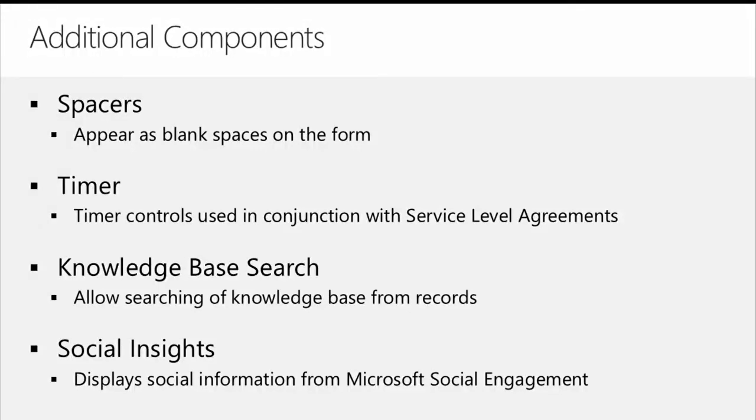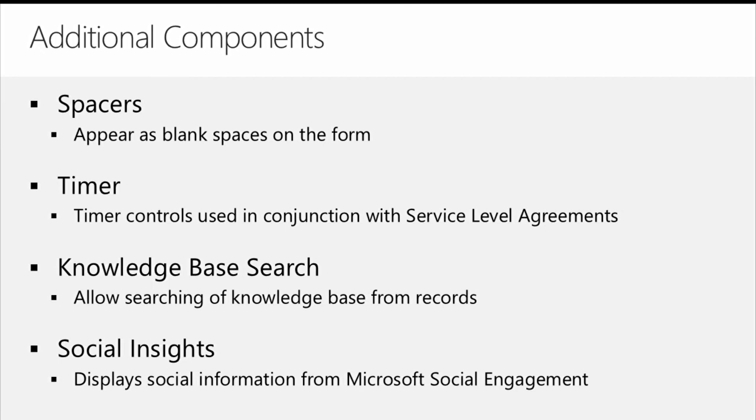Spacers: one of the things that you'll notice on the forms themselves is you don't necessarily have the capability to position things dynamically where you want them to go. So if you need to have a blank space in there for some reason, spacers are a great way to facilitate that inside the application. If you're using service level agreements, or SLAs, and you have custom KPIs associated with this entity, you can add the timer control to facilitate that.